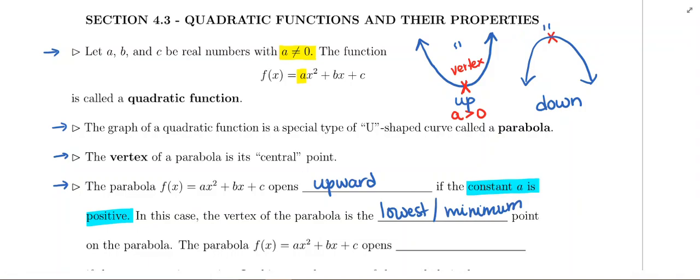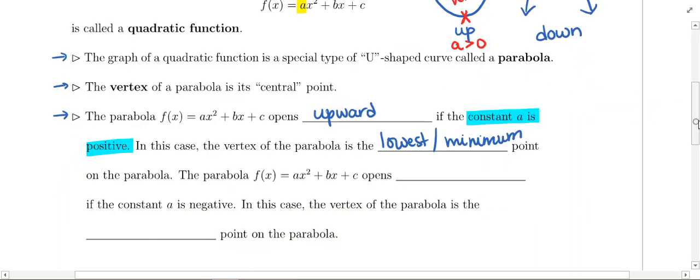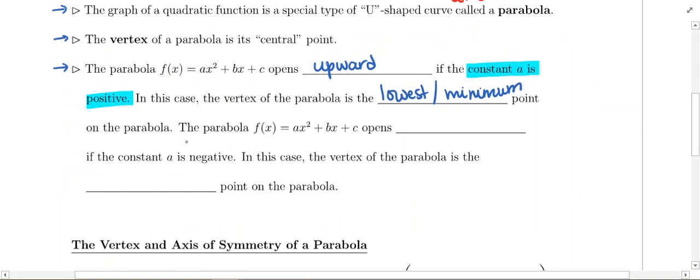point on the parabola. Now, on the flip side, if you're dealing with a downward opening parabola, let me scroll down here and keep reading the sentence. I'm going to start right here. The parabola f of x is equal to a times x squared plus b times x plus c opens downward if the constant a is negative. That's really important to know.